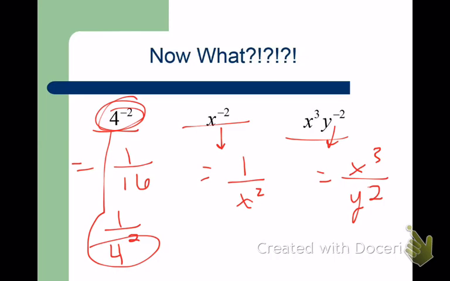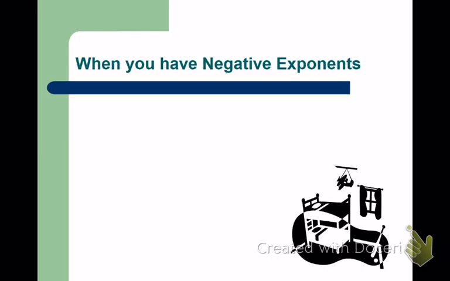But bottom line is, when you have negative exponents, you're going to want to change bunks, if you can view a fraction as sort of bunk beds. Anytime you have a negative exponent, if you move it from the denominator to the numerator, or from the numerator to the denominator, the exponent will become positive. It's almost like the fraction bar becomes the great sign changer for exponents.